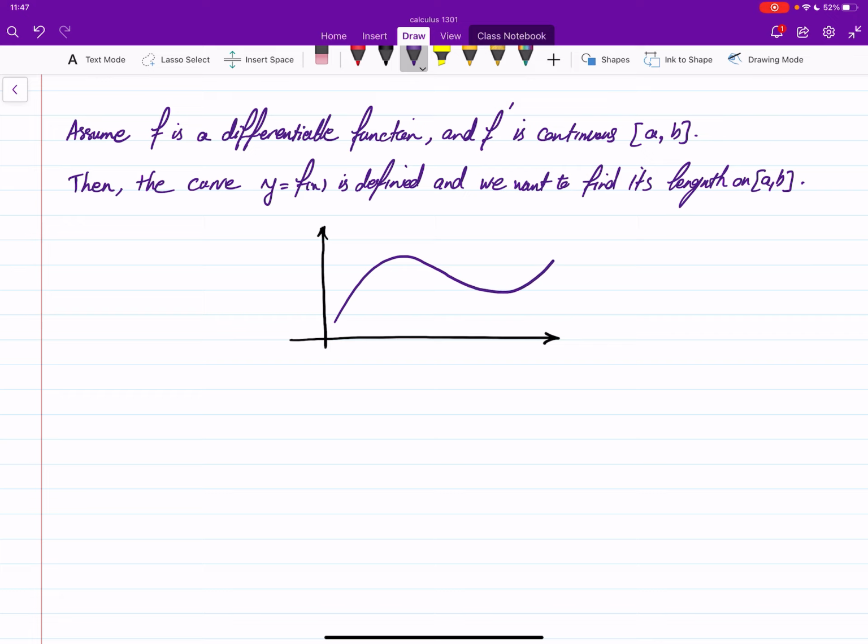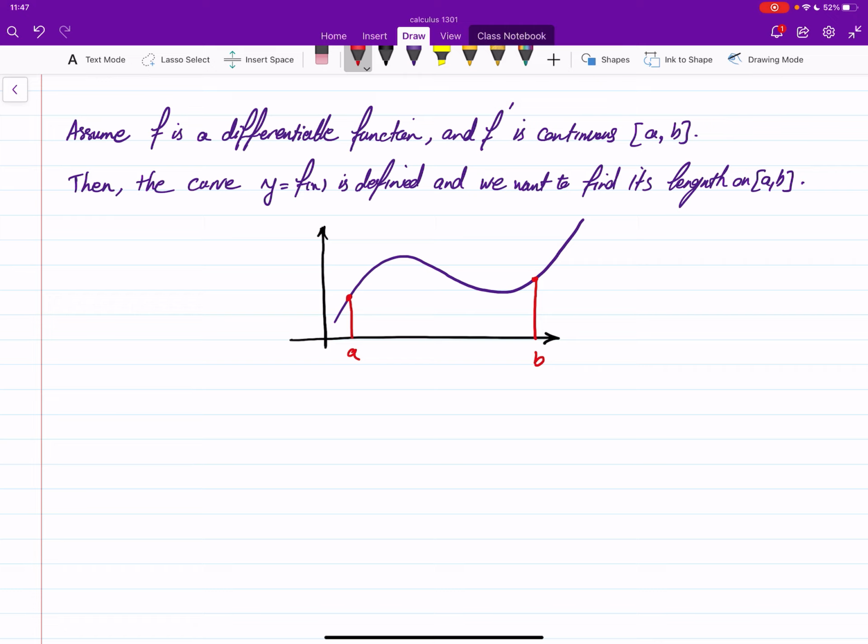So we are going to have something like this, and from a to b we have this curve going from there to there, and we want to find its length.